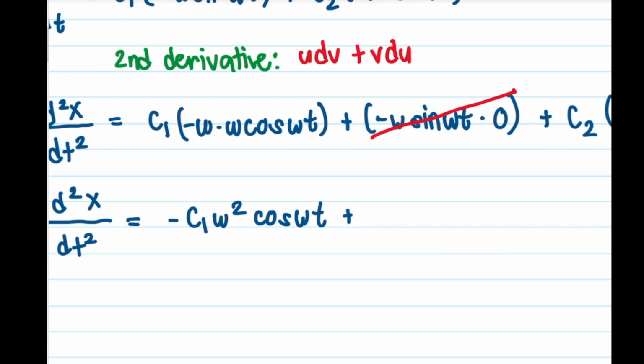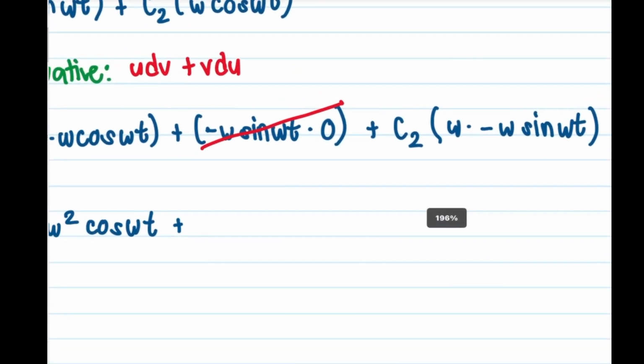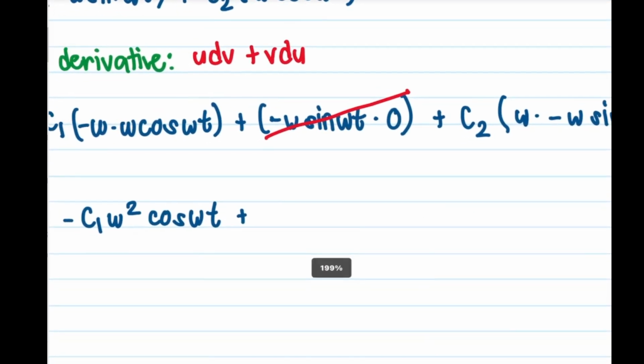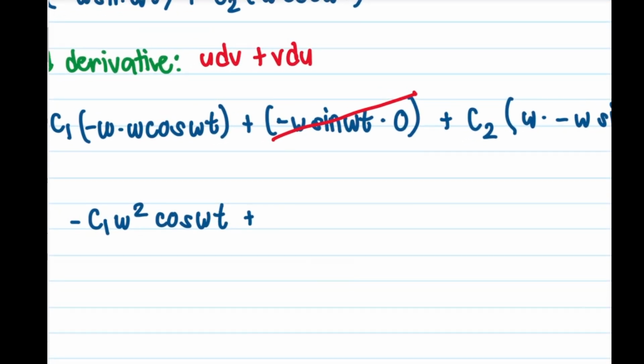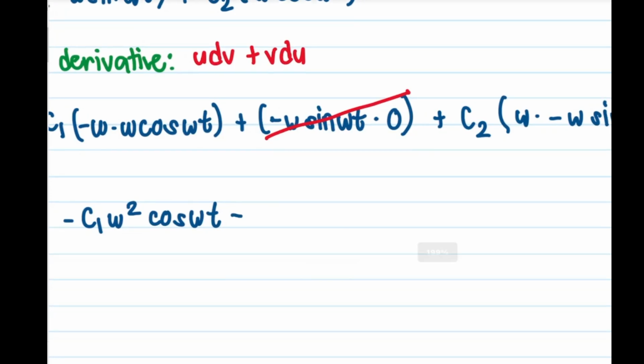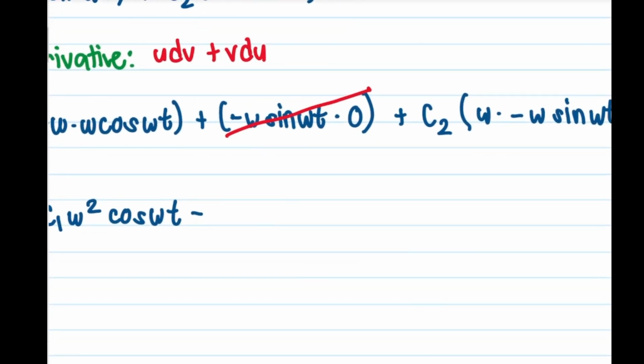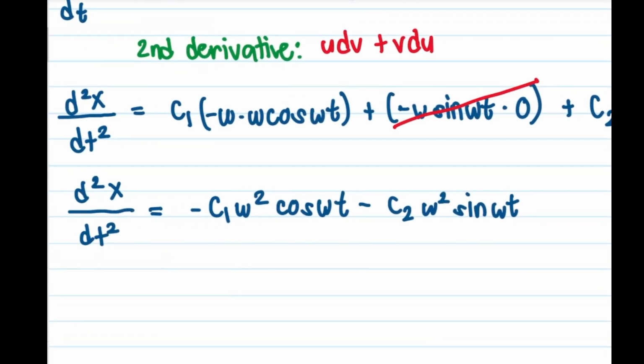Then this one will be plus 0, so cancelled out. Then this one will be minus, because we have the negative sign. Negative w times w is w squared, and I forgot the constant C2. So C2 w squared sine wt. Okay, so this will be your second derivative.